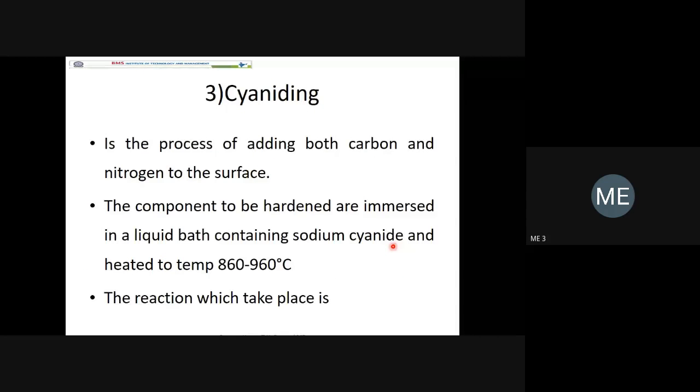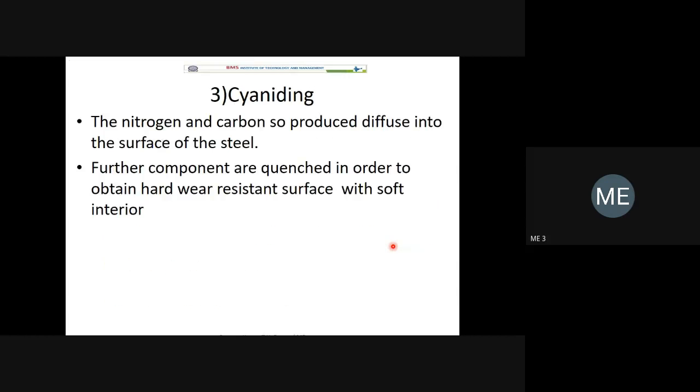The cyaniding process. So again, it is a heat treatment process. Finally, cyanide atoms are diffused into the surface. Then it is a cyaniding process. In most cases of the cyaniding process, both nitrogen atoms as well as carbon atoms are produced. The chemical reactions are simple and available in the textbook, you can refer.